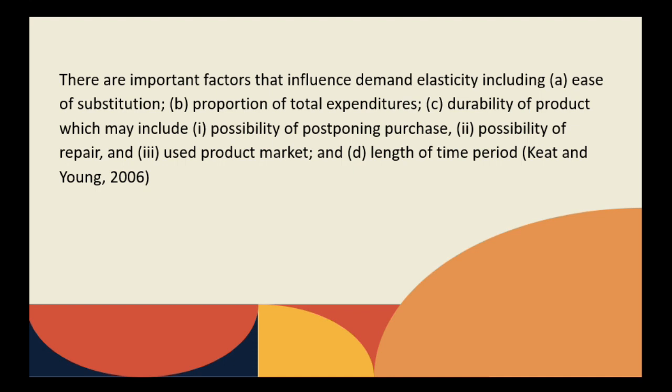Accordingly, the most important determinant of elasticity of a product is ease of substitution. So if there are many good substitutes for the product sold in the market, elasticity for the product will be high. Moreover, if the product itself is a good substitute for other goods, its demand elasticity will also be high.